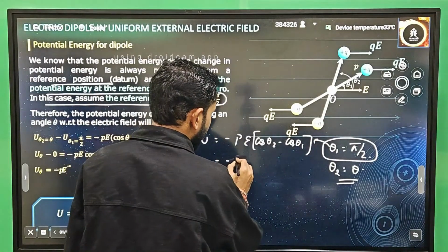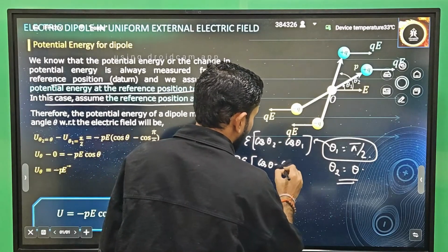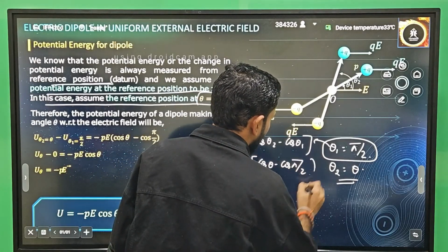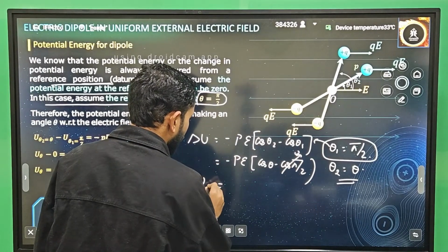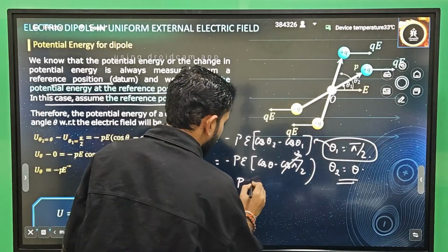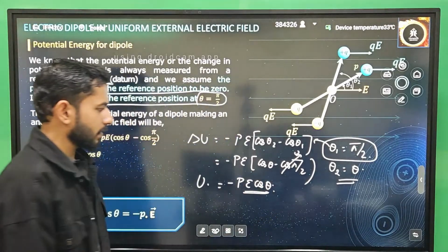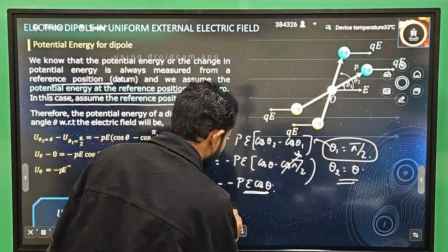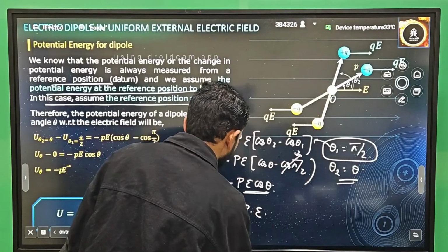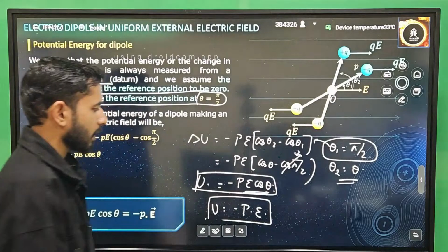Cos of pi by 2 is how much? 0. That means what I will write? pE times cos of theta minus cos of pi by 2. Cos of pi by 2 is nothing but 0. That means what is the potential that you are getting? Potential you will be getting minus pE cos of theta. Students, tell me, multiplication, this is what kind of product? Can you say it is dot product? That means it can also be written as minus of P dot E. This is the final result for potential energy that you have to remember.